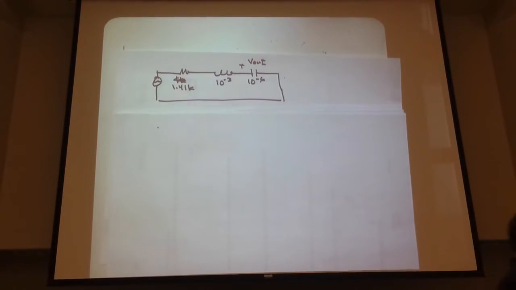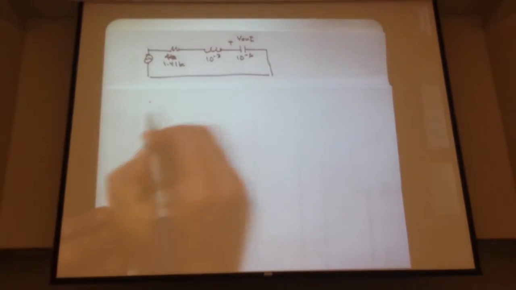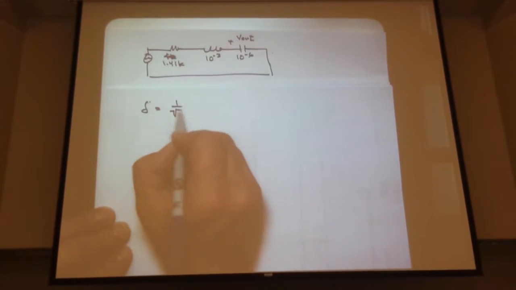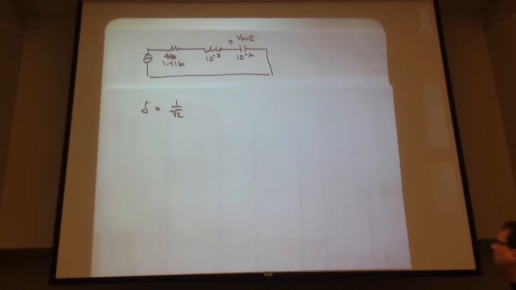Square root of 2. So that's square root of 2 times 1,000. And so if we look at that, then now we have a damping ratio of 1 over square root of 2, which is a little bit larger, or a little bit less underdamped, than 1 over 2.